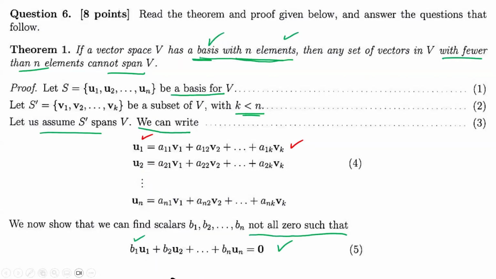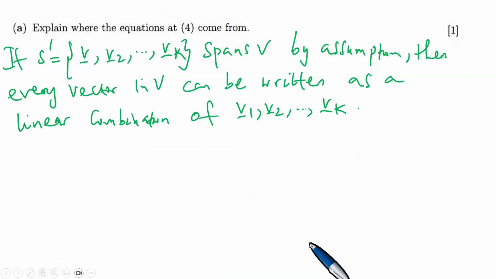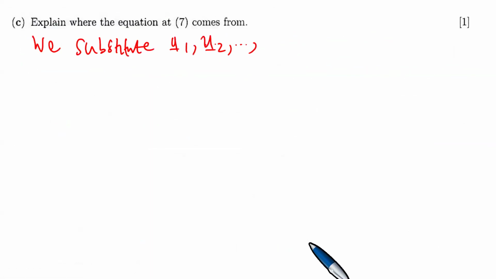We substitute this U1 into there, U2 into that. So we substitute U1, U2, and then up to what? Up to UN in 5.